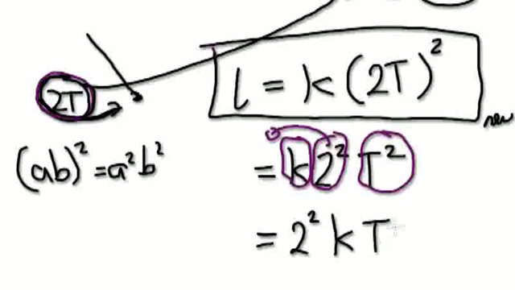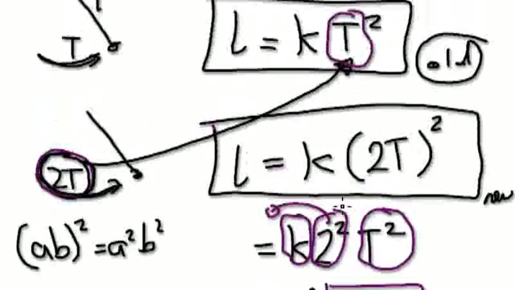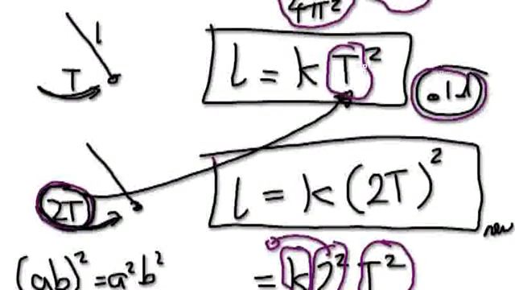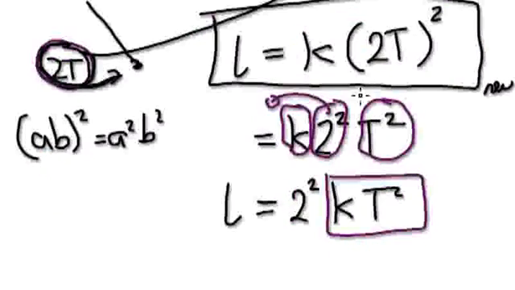So here you see our new length. This is our old length here, because the old length is kt squared, and here you've got kt squared.